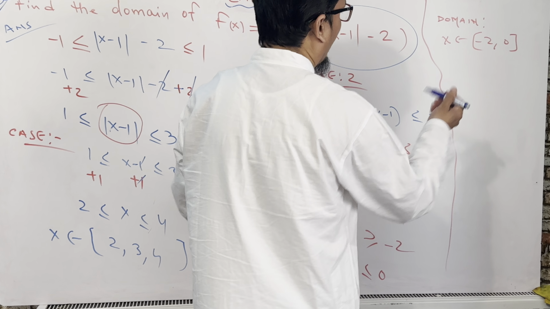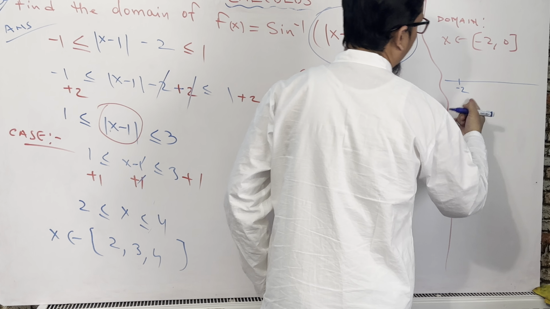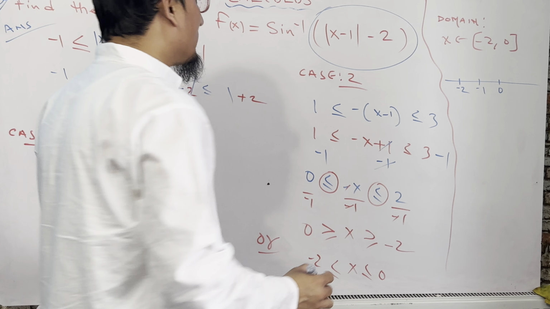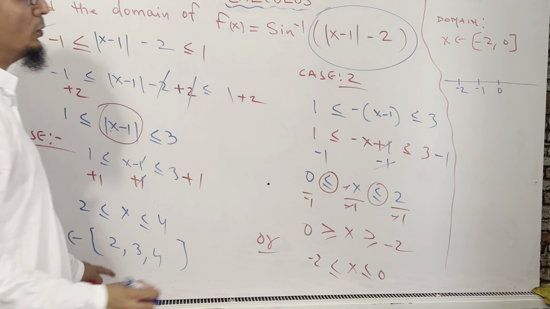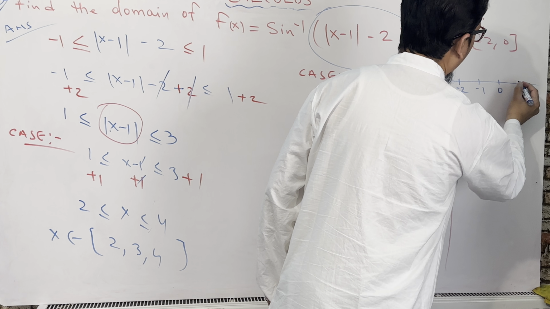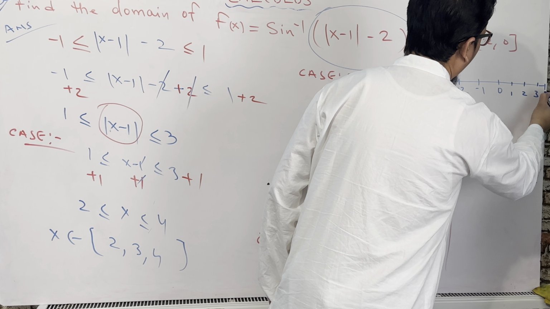So if you are going to draw a line, this is your minus 2. You can say minus 1, you can say 0. But here there is no 1, right? Then again 2. Don't take 1. In fact, I'm going to write down 1, 2, 3, 4 and so on.